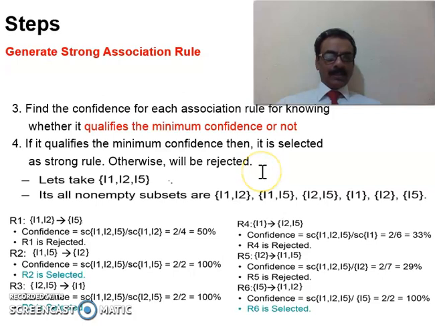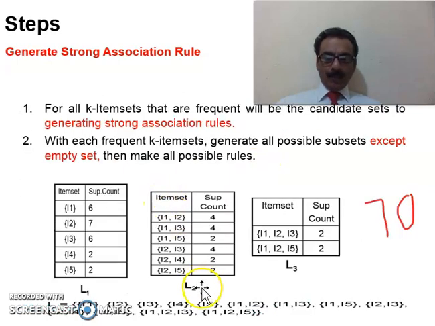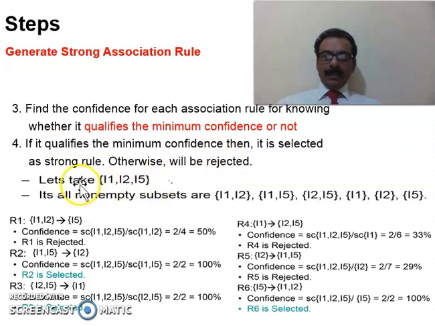Otherwise, it will be rejected. Let us take one example from here, that is I1, I2, I5. The possible non-empty subsets are I1, I2; I1, I5; I2, I5; and I1, I2, I5. First we check I1, I2 implies I5. What is confidence?